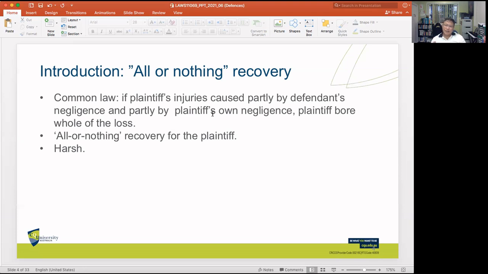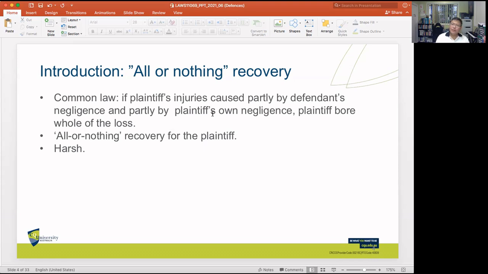So in other words, even though it could be established that the defendant himself may have been primarily responsible for the negligent action that led to the plaintiff being harmed, the fact that the plaintiff himself contributed to the harm by his own negligence would mean that the plaintiff cannot recover. So in other words, the plaintiff bore the entire loss, which was pretty harsh. In other words, it was all or nothing recovery for the plaintiff.